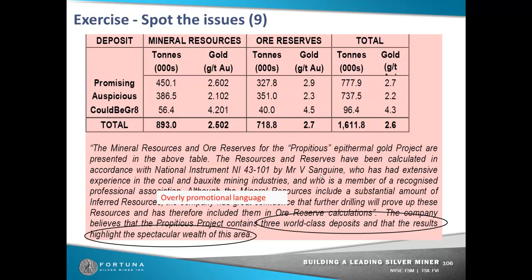We cannot use over-promotional language to try and talk up a particular deposit or operation or exploration target, trying to deceive and trick potentially the public into believing that it's a better prospect than what the numbers and the facts state. Therefore, we have to be very careful in being very clear and transparent and reporting simply the facts and allowing those to speak for themselves.